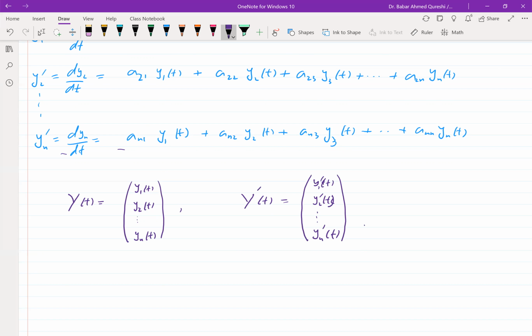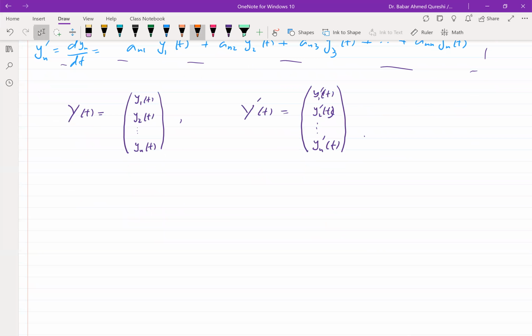Then the above linear system of differential equations can be written as y dash of t equals A y of t. I'll many times drop this dependence on t and just not write it, where A is just this matrix.